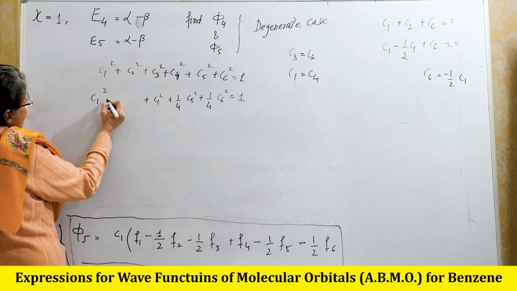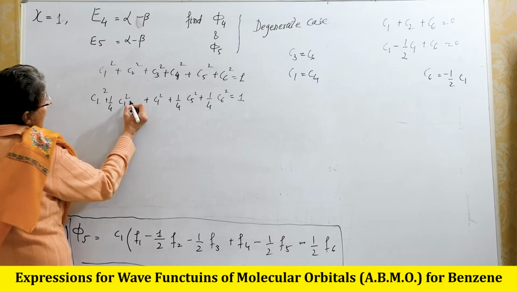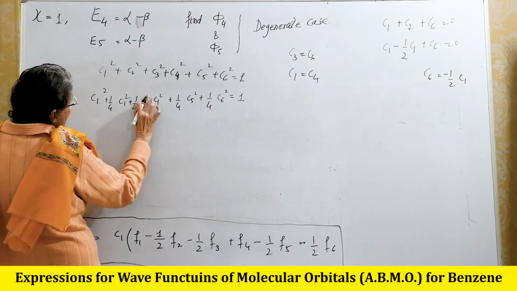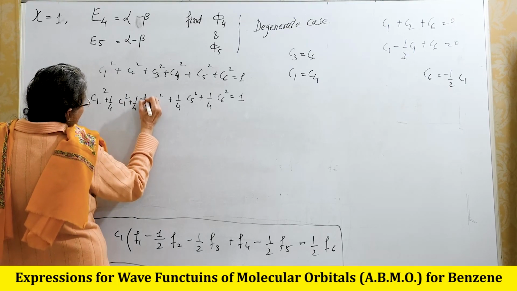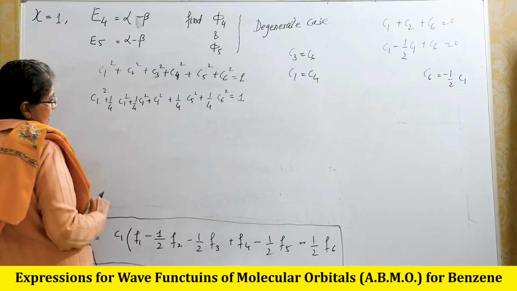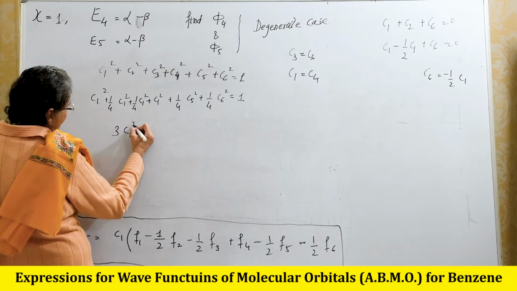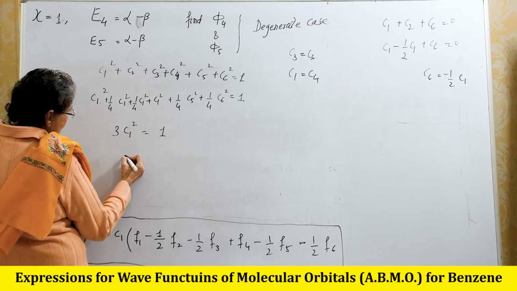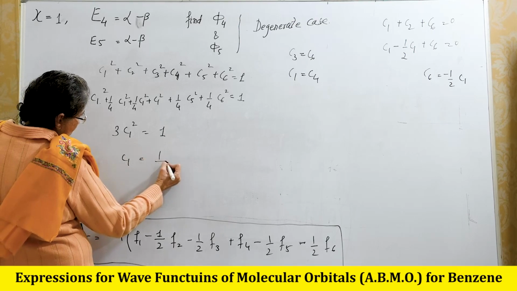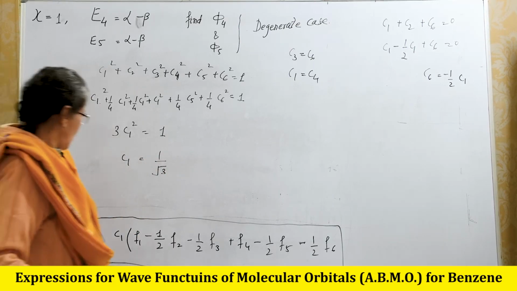So C1 square plus 1 by 4 C1 square plus 1 by 4 C1 square for C3, plus C1 square for C4, plus 1 by 4 C5 square plus 1 by 4 C6 square is equal to 1. So 1 by 4 and 1 by 4 make 3 C1 square is equal to 1. Therefore C1 is equal to 1 by root 3. Here we get 1 by root 3.